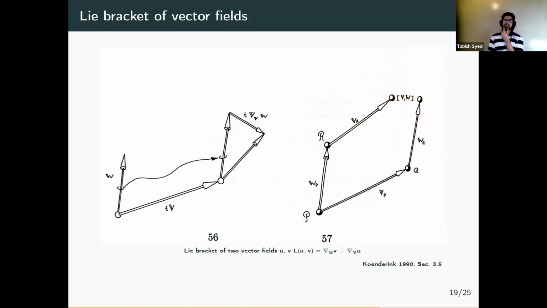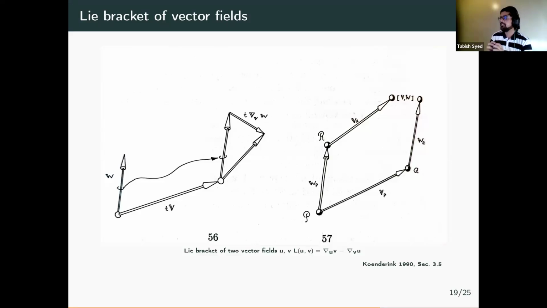Okay, so the way we do this is using what is called the Lie bracket. The Lie bracket of vector fields is this simple idea that if you have, let's say, two vector fields, v and w. There's w which is going one way, and then v, let's say, going another way. If you form a closed loop, or let's say a parallelogram, so you go in the direction of w, then in the direction of v, then in the direction of minus w, and then in the direction of minus v, you would end up in a different place from where you started.